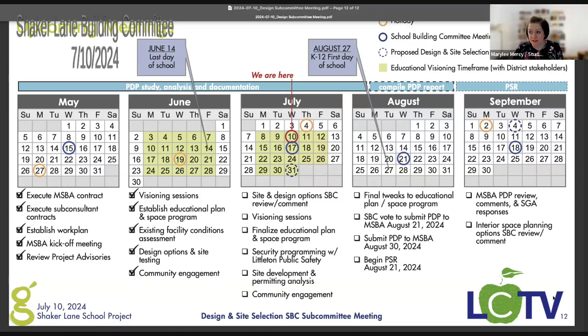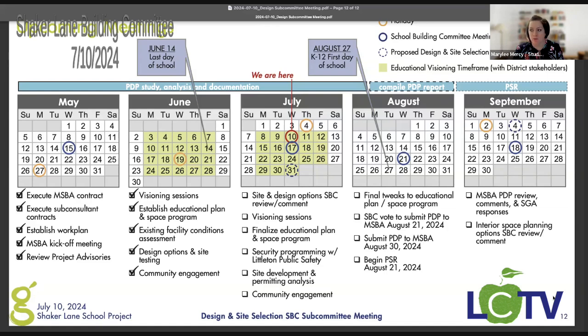I think during the PSR is a good time to do it, because that's when you've narrowed it down to 3 options, and really 2 options are most likely what's going to be pursued: the add/reno and the new construction option. This is really when we've given people something to actually respond to. As of right now, the community survey is sort of, tell us anything that you want, and they are not responding to anything.